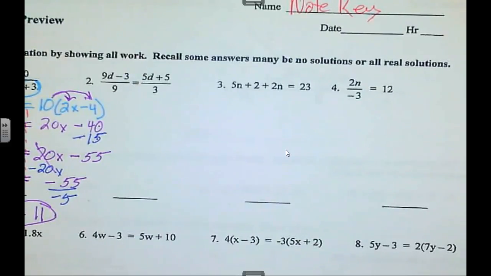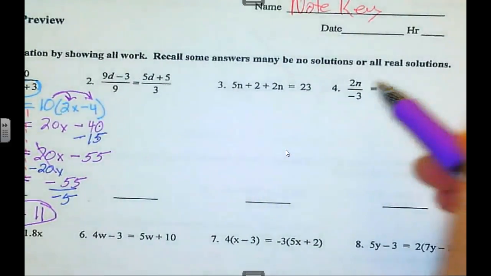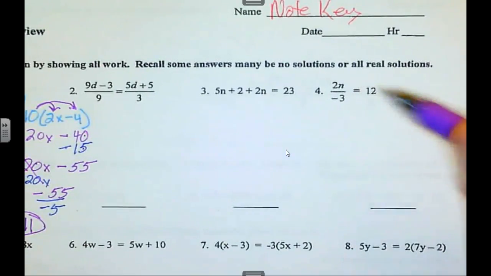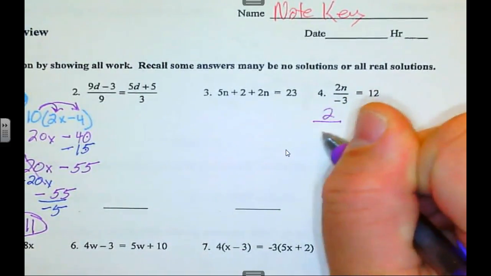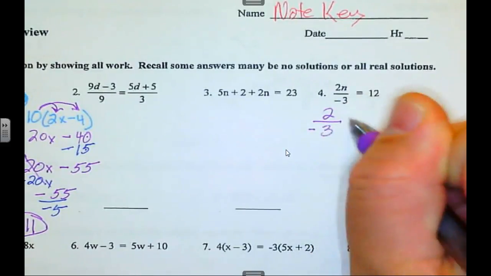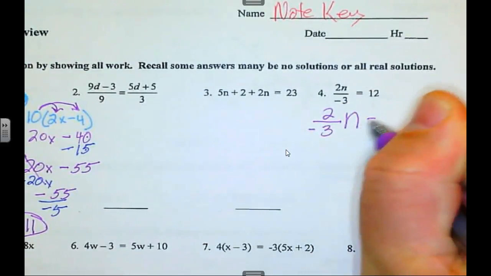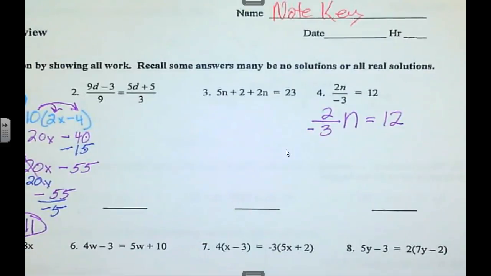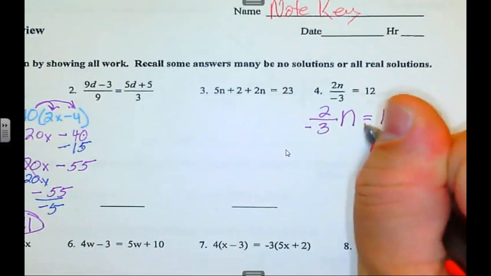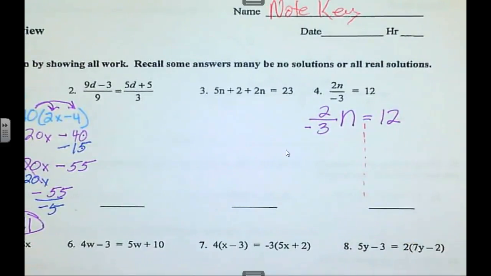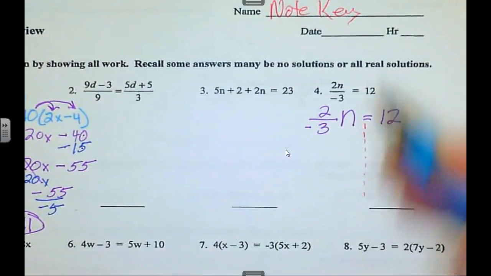In the past, I think I've told you guys that if my variable's in the numerator, you can actually pull it out, right? So I got 2 over negative 3 times n equals 12. 12 over 1, whatever you want to think. Then what's the easiest way to get rid of a fractional coefficient? Yeah, multiply it by the reciprocal. Right, Esco?